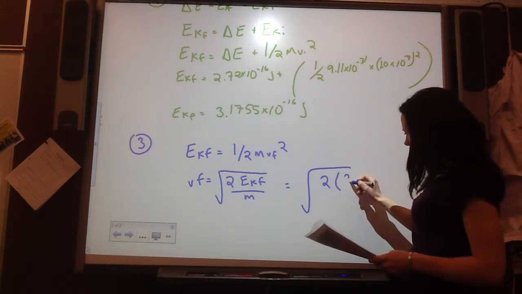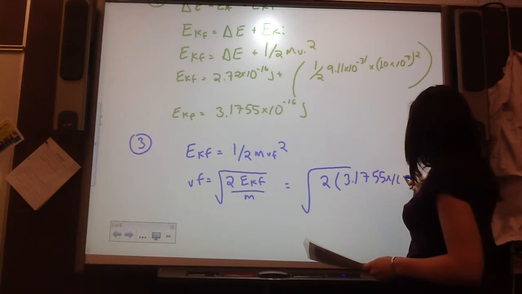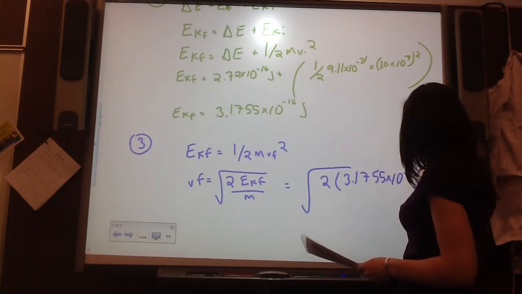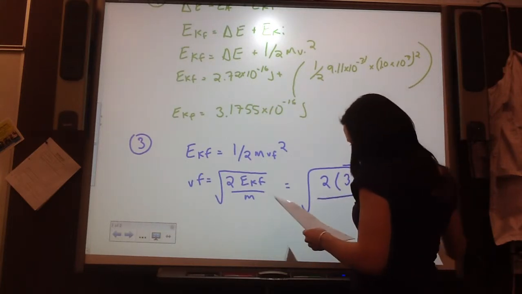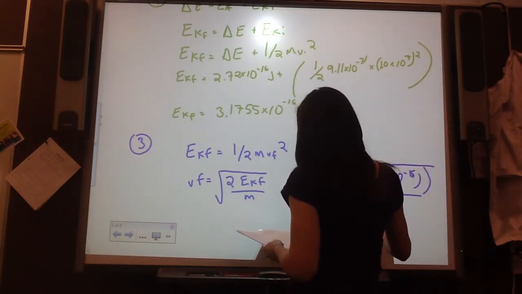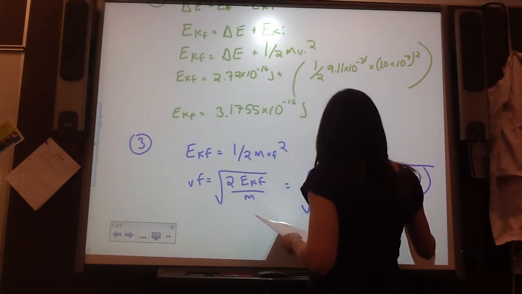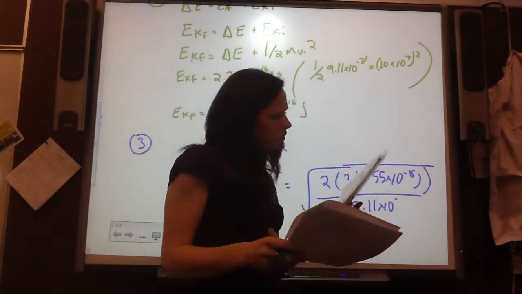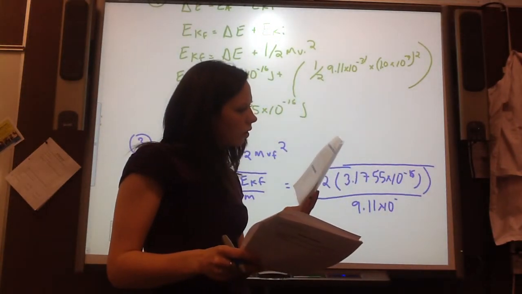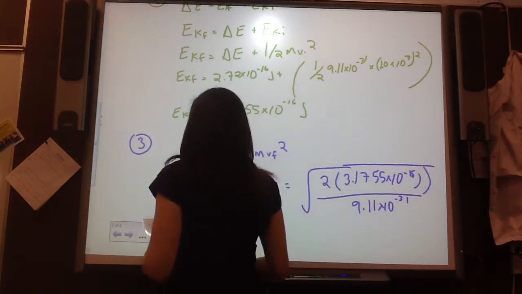If I plug that in, 3.1755 times 10 to the negative 16 joules, all divided by my mass, 9.11 times 10 to the negative 31 kilograms.